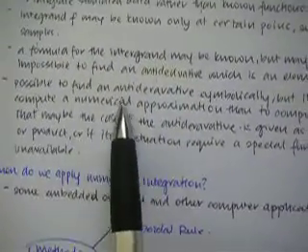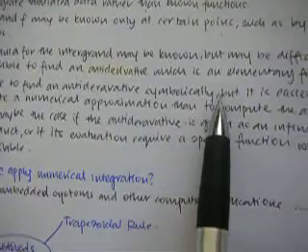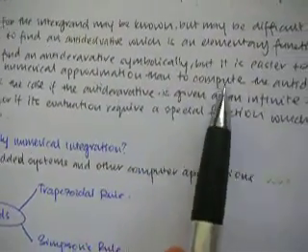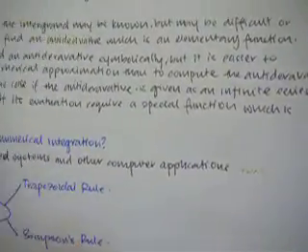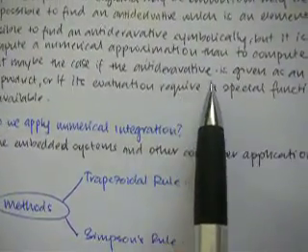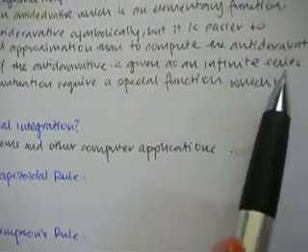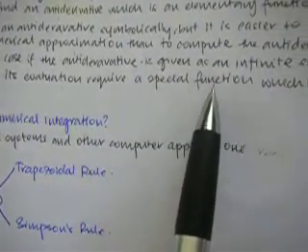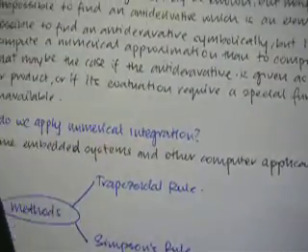Or it is possible to find an antiderivative symbolically, but it is easier to compute a numerical approximation than to compute the antiderivative. That may be the case if the antiderivative is given as an infinite series or product, or if its evaluation requires a special function which is unavailable.